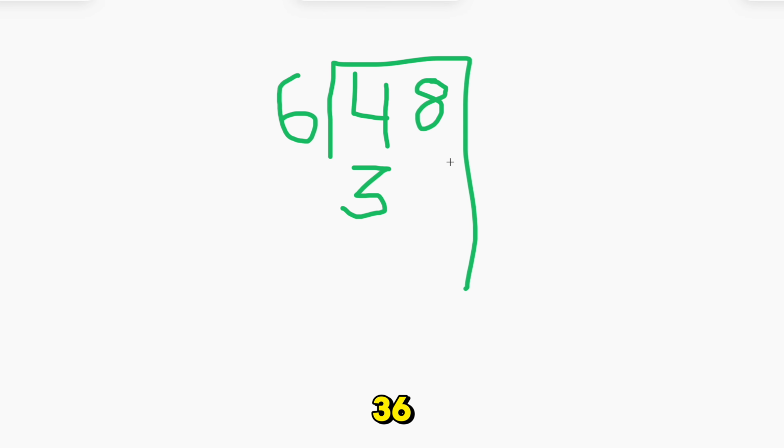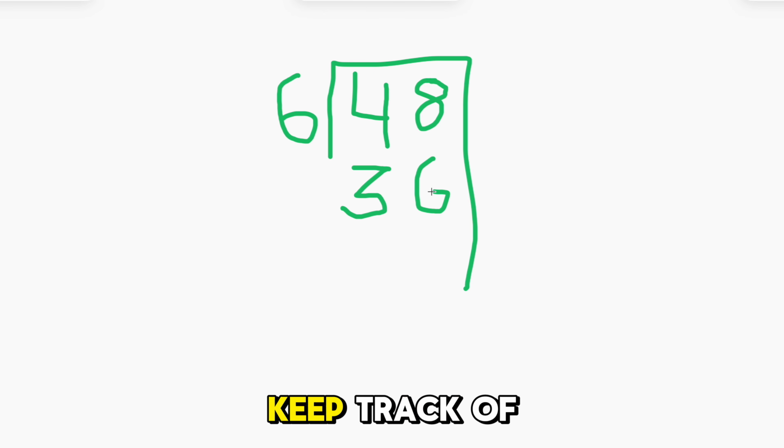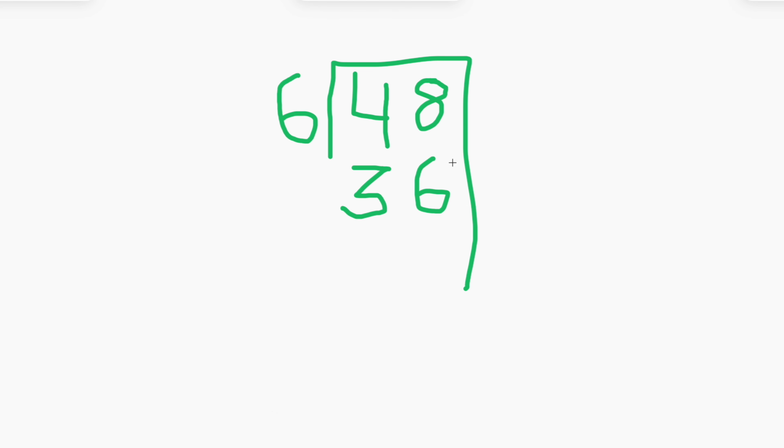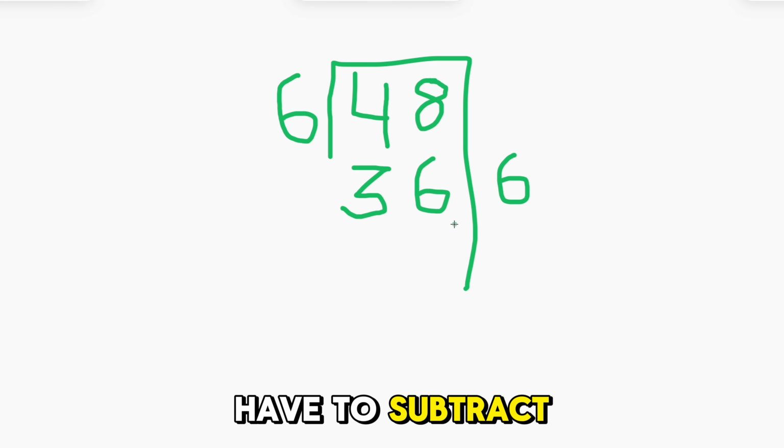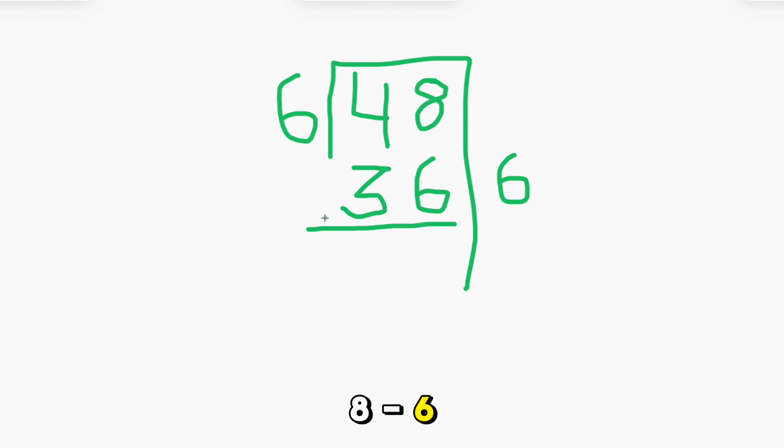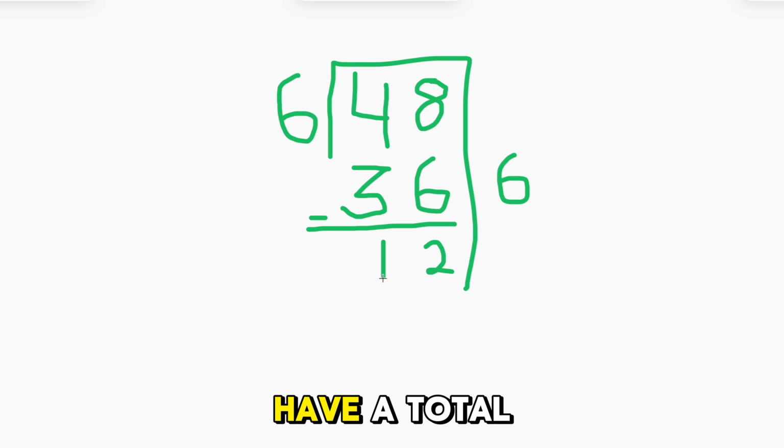But remember, we have to keep track of our multiplication. So 6 times 6 is 36. Now this is where I have to subtract. 8 minus 6 is 2, and 4 minus 3 is 1. And so I have a total of 12 now.